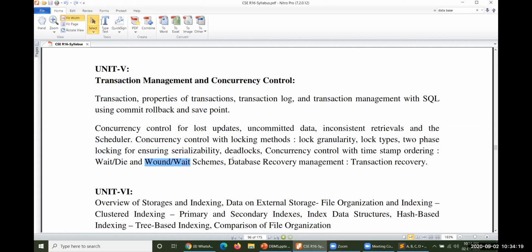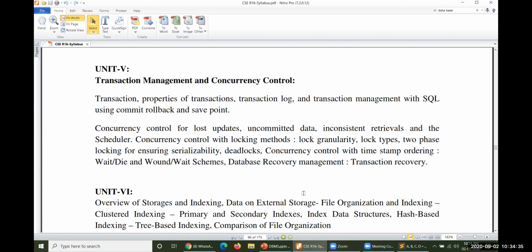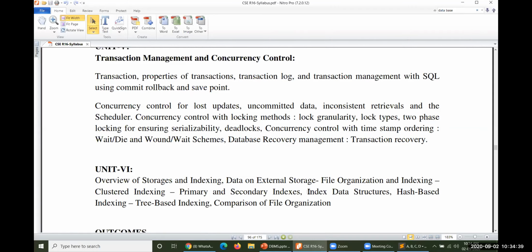Database recovery is another separate chapter in our database management system books. Everything must be completed by tomorrow, and the day after tomorrow we shall finish off unit number 5. So that is the class for today.